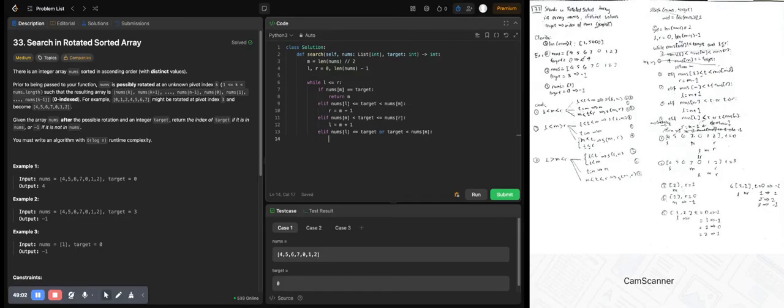Now in here, we will move the left to mid plus 1. It will be much easier to understand if I put the L here. Nums of left.